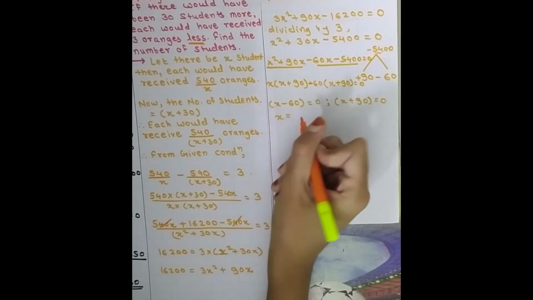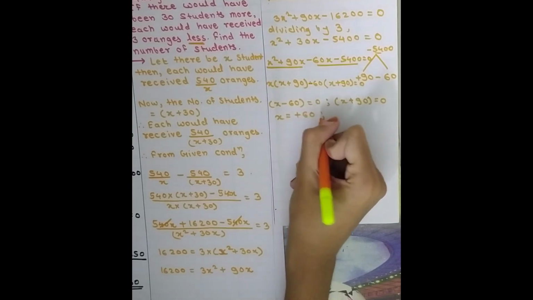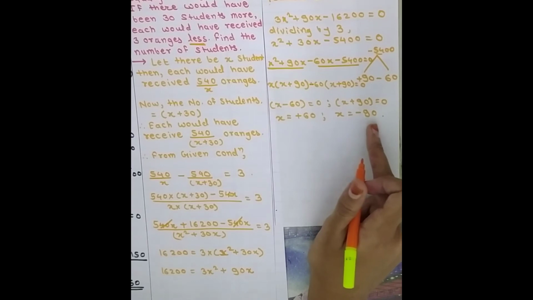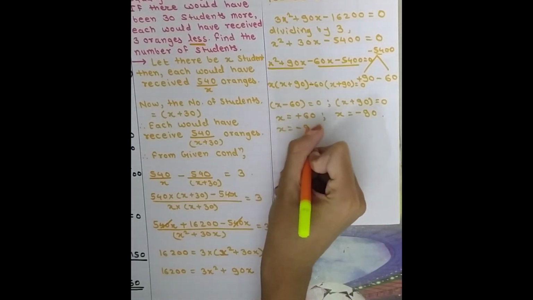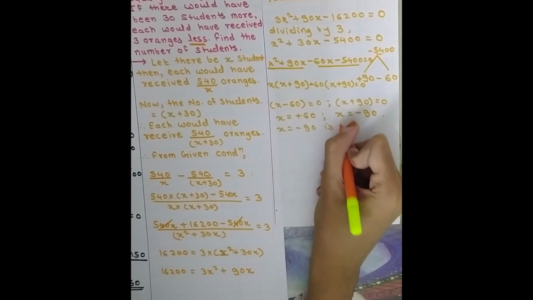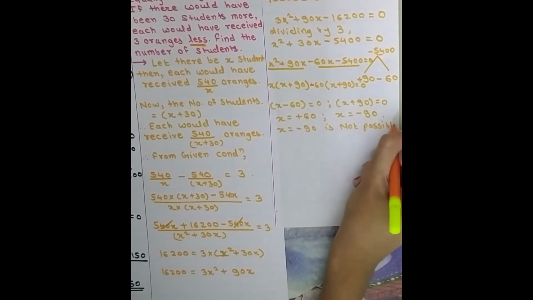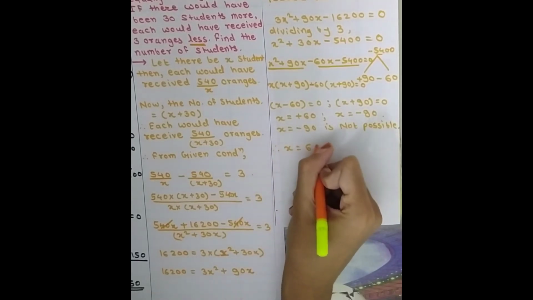So x is equal to 60 and x is equal to minus 90. The number of students cannot be negative, so x is equal to minus 90 is not possible. Therefore, x is equal to 60.